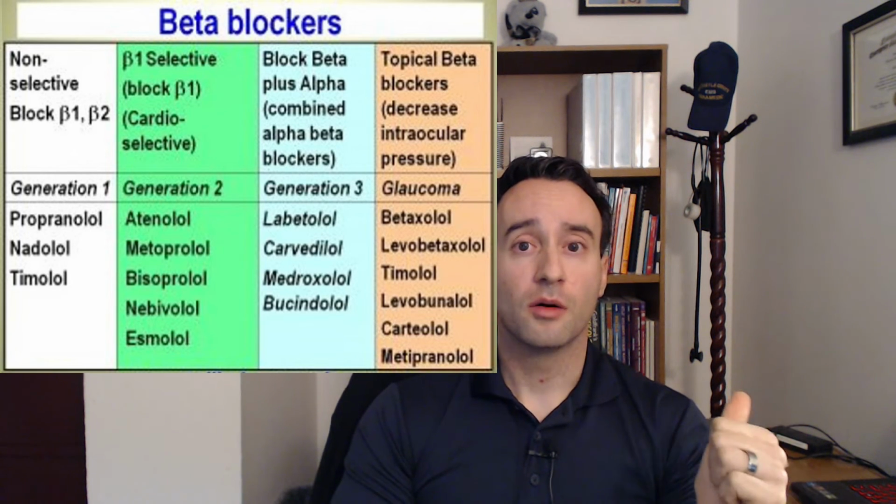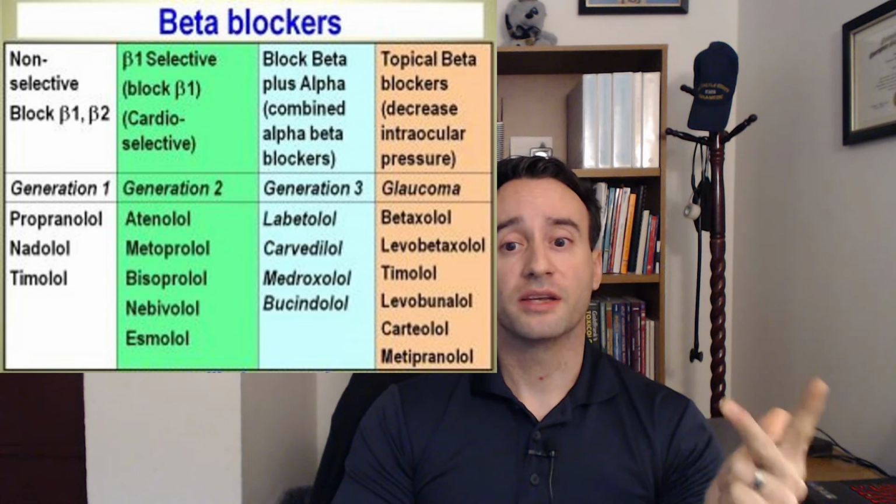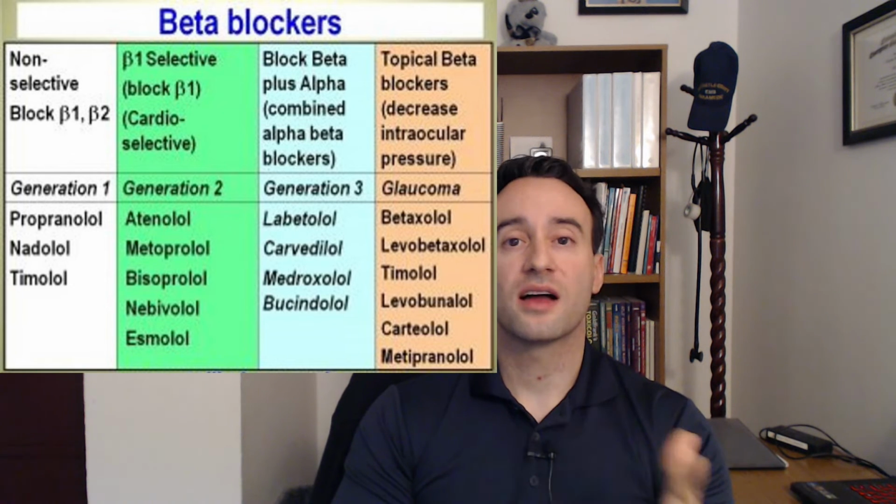It has beta 1, beta 2, and even alpha effects, so it's non-selective and hits all of the cardiac receptors. By blocking all of those receptors, the cocaine in the patient's system is uninhibited and can actually make their blood pressure spike even further by further constricting the blood vessels.